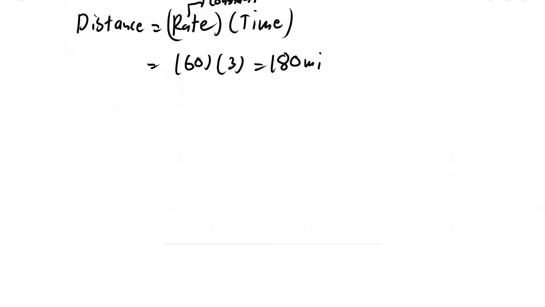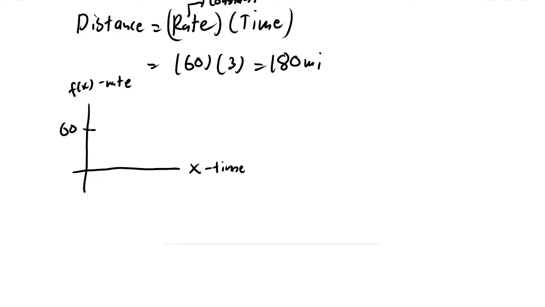As a matter of fact, one way to look at this problem from a geometric standpoint is if you have a function. So let's just say I have a function, and let's look at this example up here. If I've got x over here, this is going to be our time in this example, and this up here is my rate. Well, if my rate is a constant 60 miles per hour, it's just going to be a flat line.